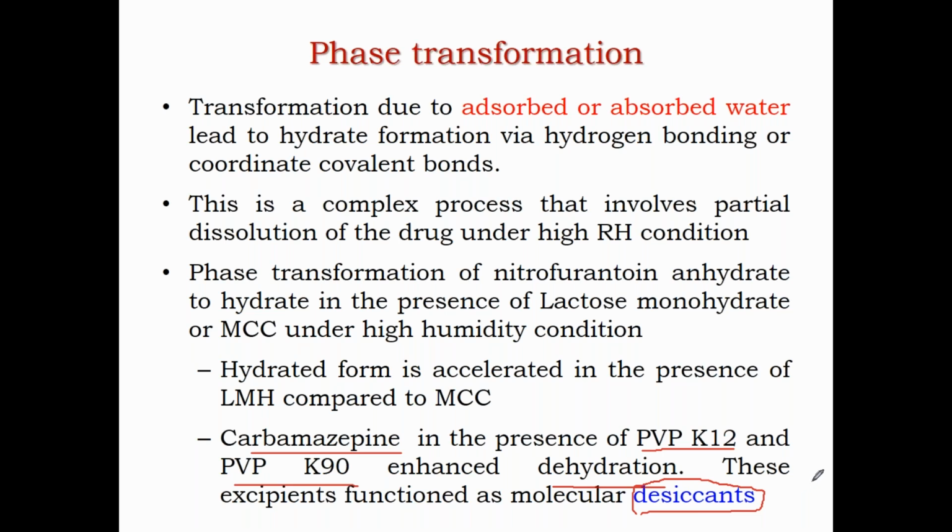So that's what I was telling: the added excipient can be a positive advantage, or it can be a negative disadvantage. In the second example, it was an advantage and they decided to add it as a desiccant so that it will not cause any kind of phase transformation.